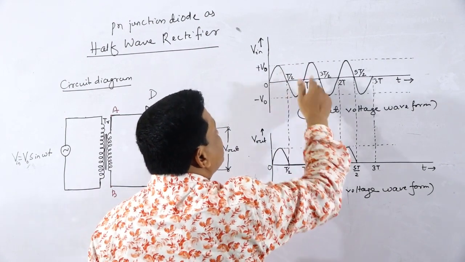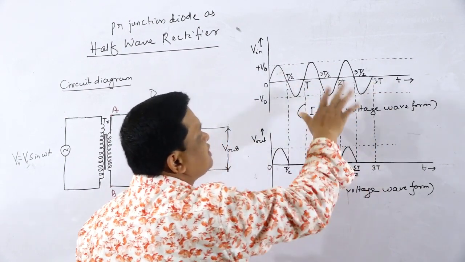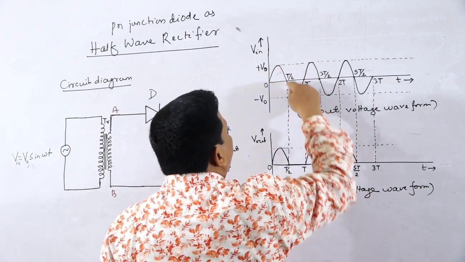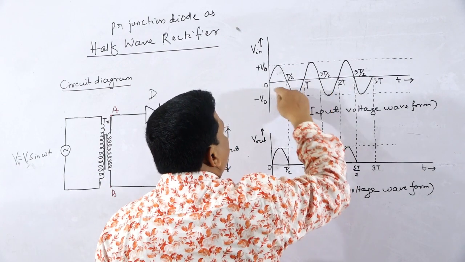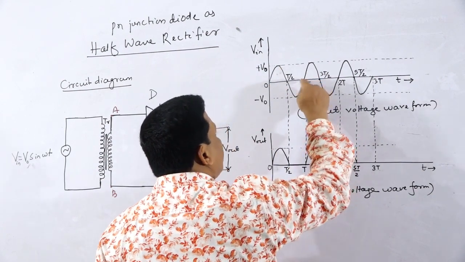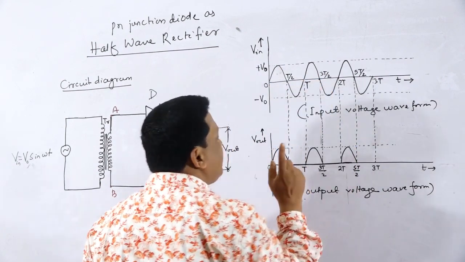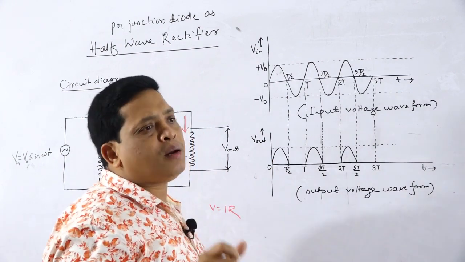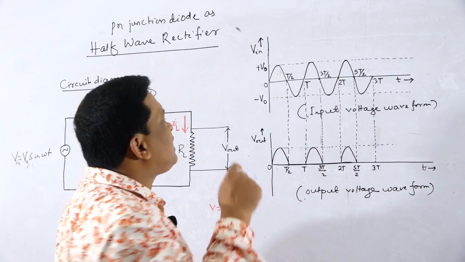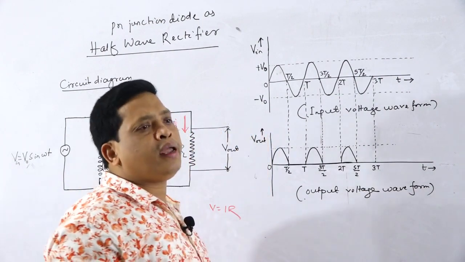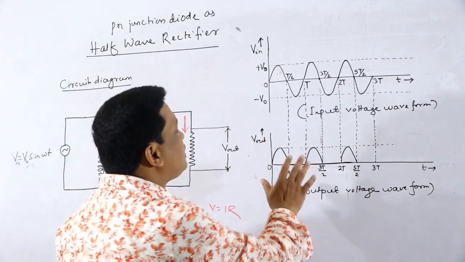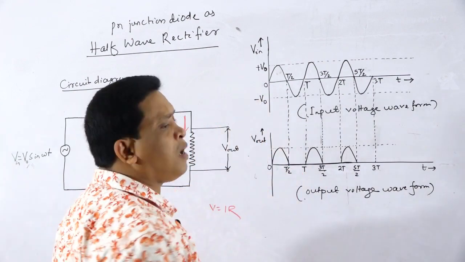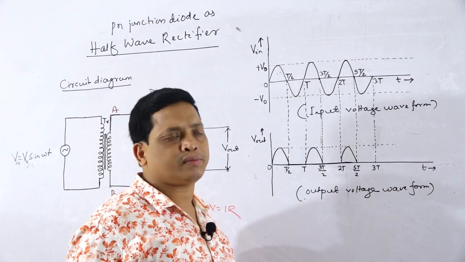The pattern which is repeated again and again in this graph, that is the cycle. So we can say that the frequency of the output DC voltage is the same as the frequency of the input AC voltage.